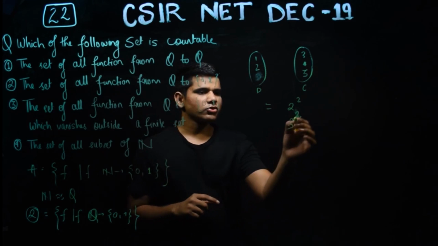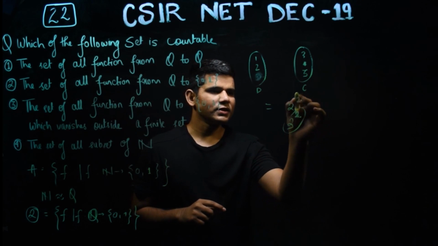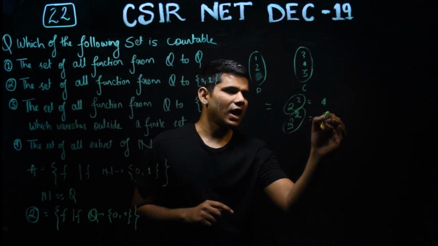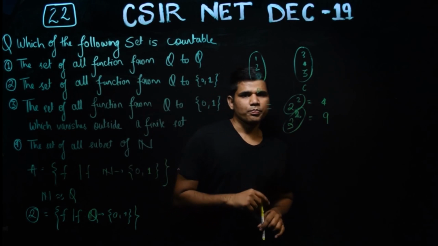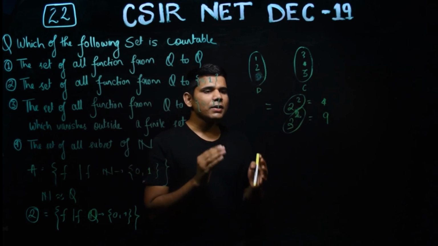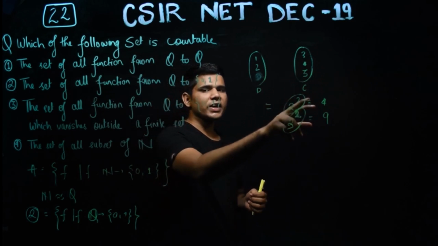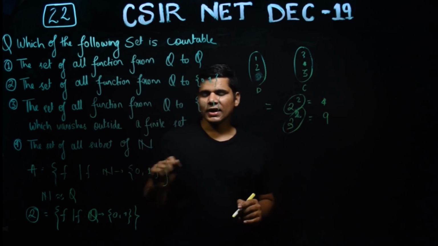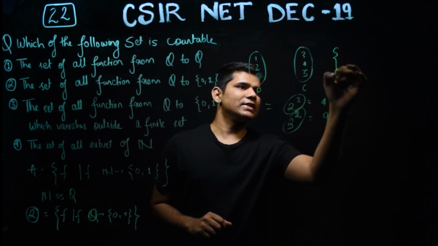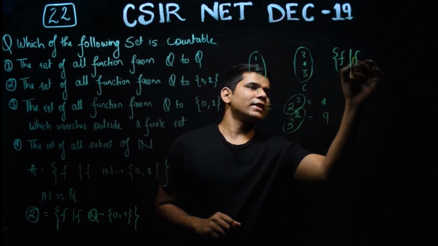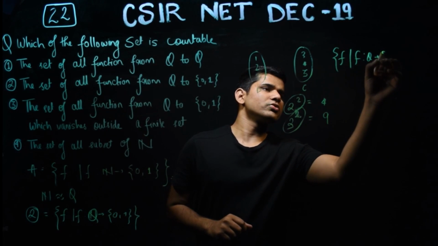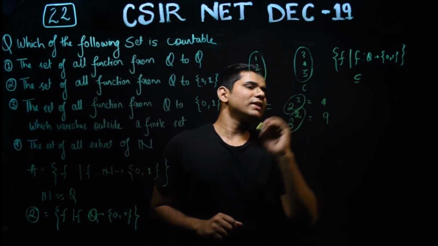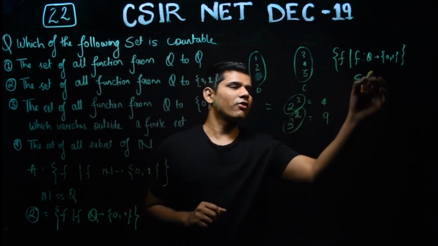So 3 squared, and this is 2 squared. So this is 4 and this is 9, right? So if you add more elements to the codomain, you will get more functions. That means if you have a set like this, {f such that f is a function from Q to {0, 1}}, then this set will be a subset of this set.